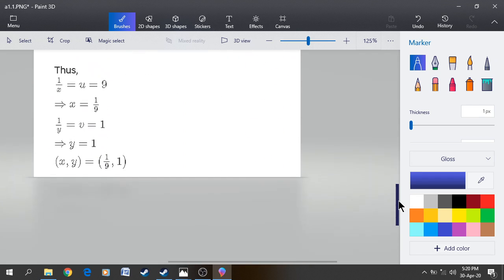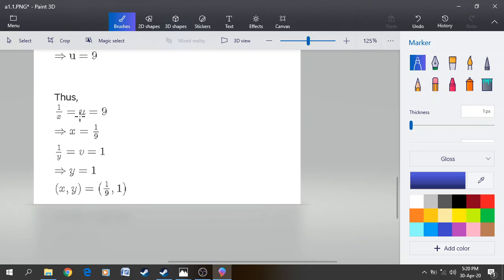So we will use it again. 1 upon x is u is equal to 9, so x will be 1 upon 9. Again 1 upon y is v is 1, and y should also be 1.